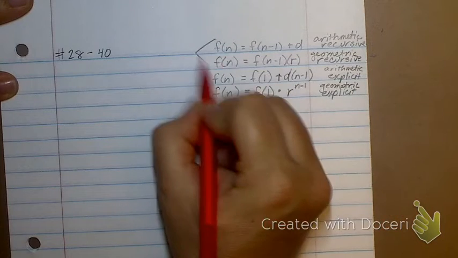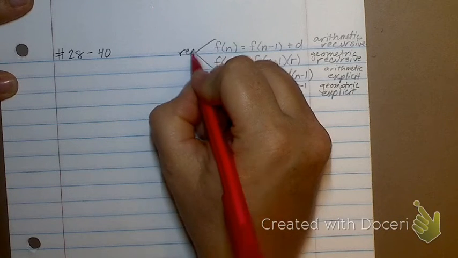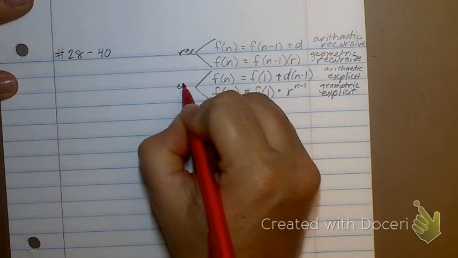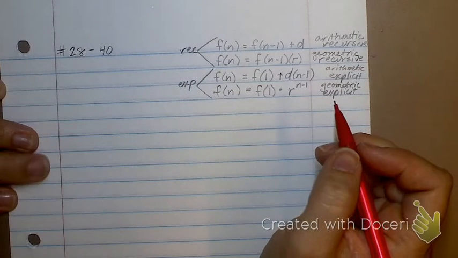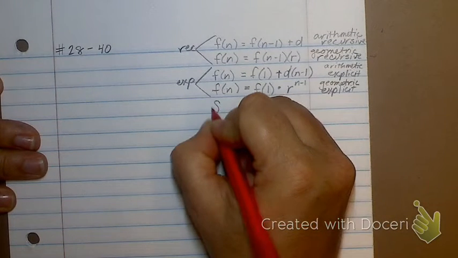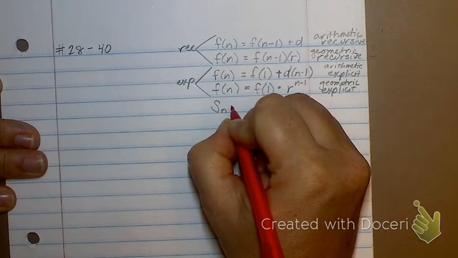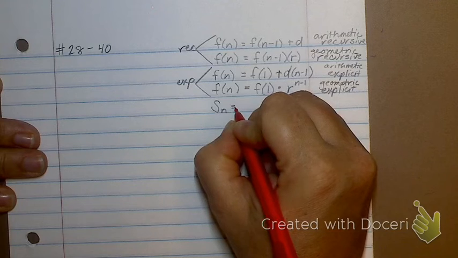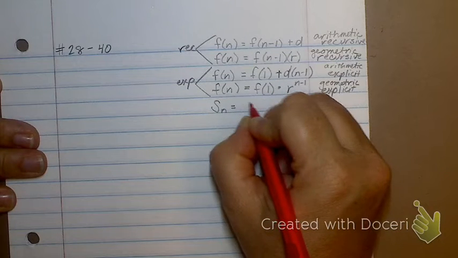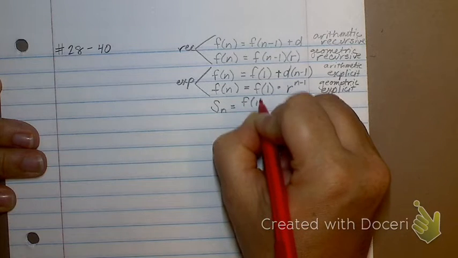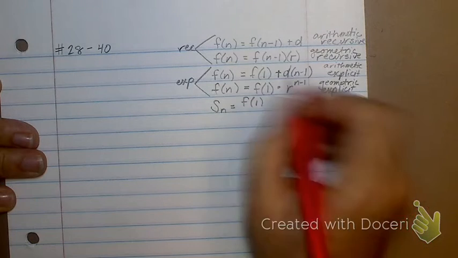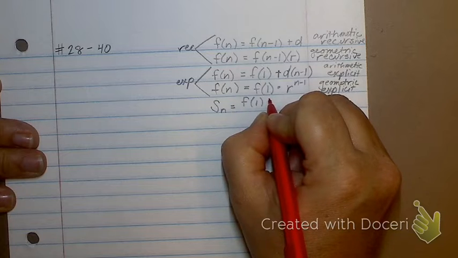So we have recursive, we have explicit, and then we have a couple of sum formulas. S of n is equal to, you ready? F of 1 times, actually, you know what, let me do the other one first.